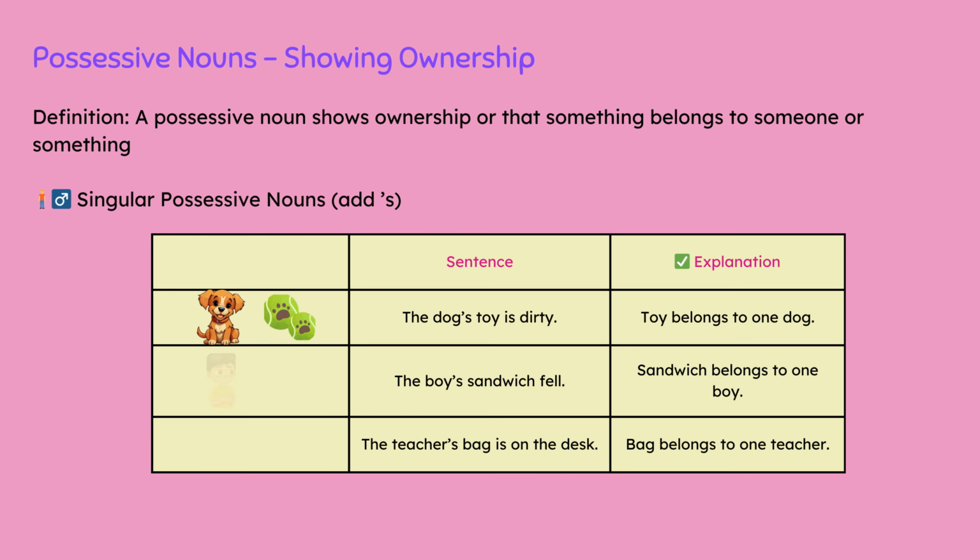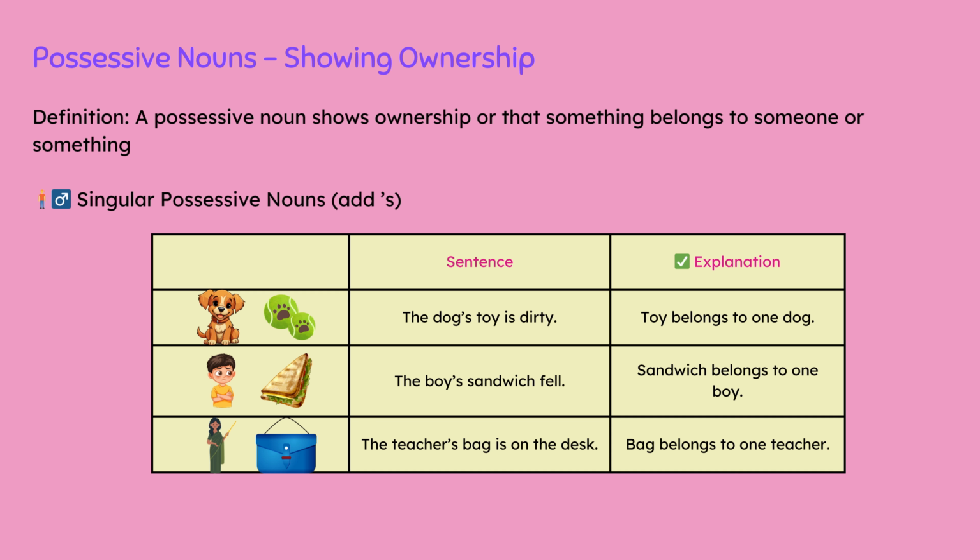Let's learn about possessive nouns, how we show ownership in English. A possessive noun tells us that something belongs to someone or something. First, let's look at singular possessive nouns. To show possession for one person, animal, or thing, we add apostrophe plus s. Here are some examples.